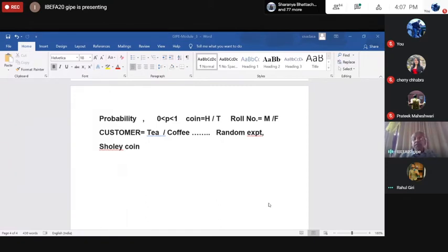Every day news comes. Probability that a COVID patient will survive is 0.95. That number was not there initially.